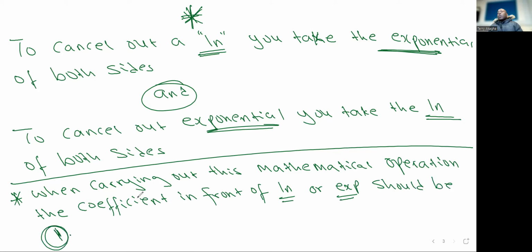So the coefficient in front of them should be 1. I'm going to explain this.